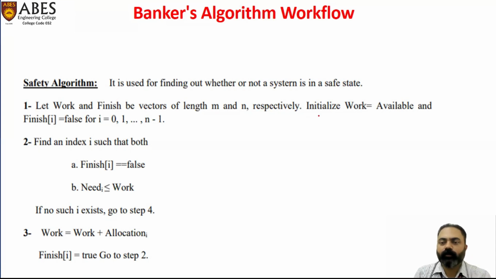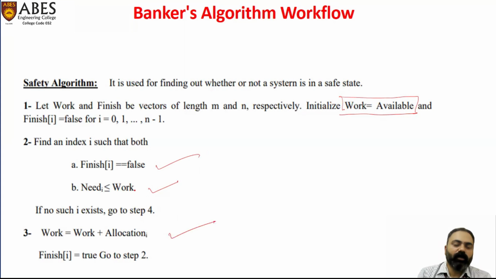Work is currently available. So if the process is not finished and the need of that process is less than or equal to availability, then Work will be Work plus Allocation.